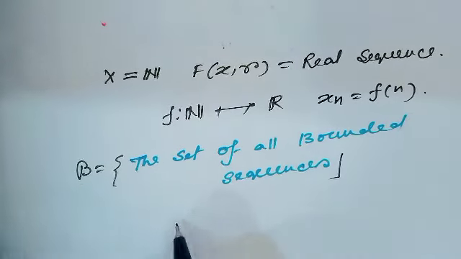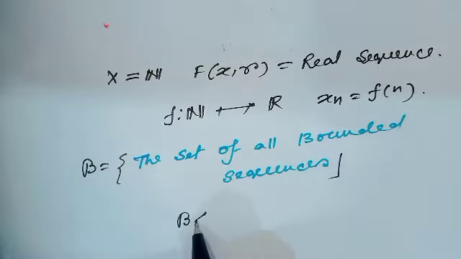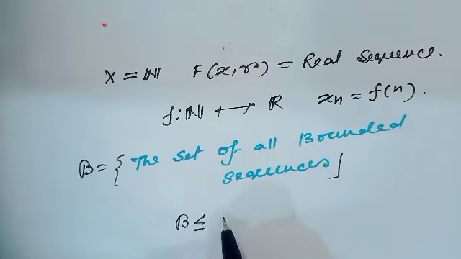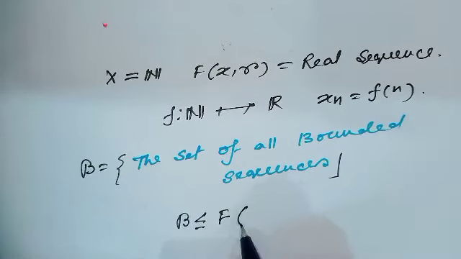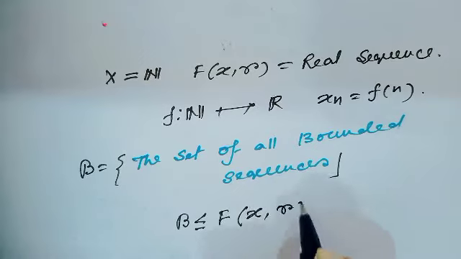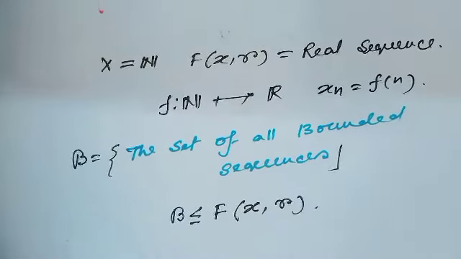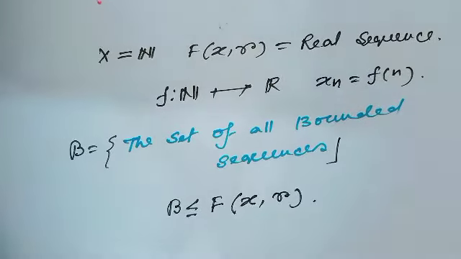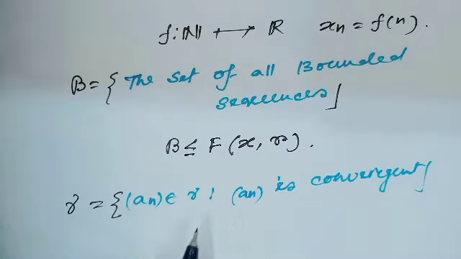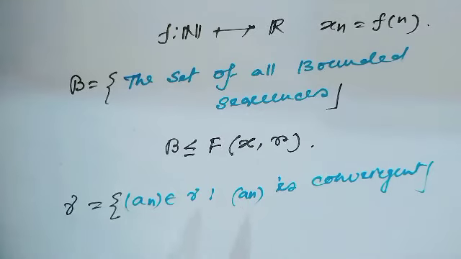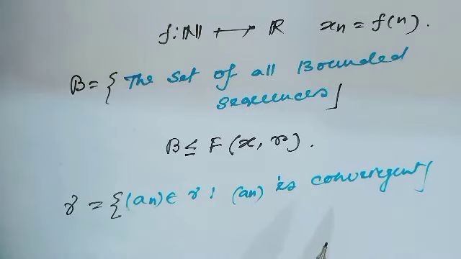Similar to before, B is obviously a subspace of the set of all real sequences. Now consider a new set gamma, which is defined as the set of all convergent sequences.